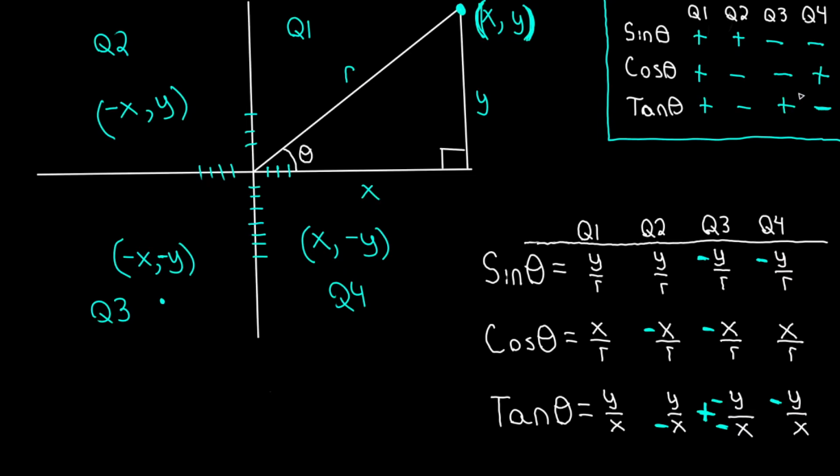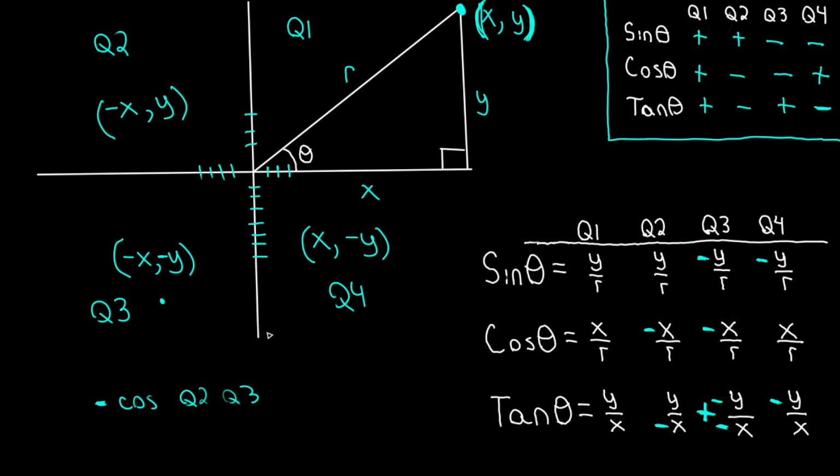So if you're given something like, where is cosine negative? Where do you have a negative for cosine? From that you know that cosine is negative in either quad 2 or quad 3.